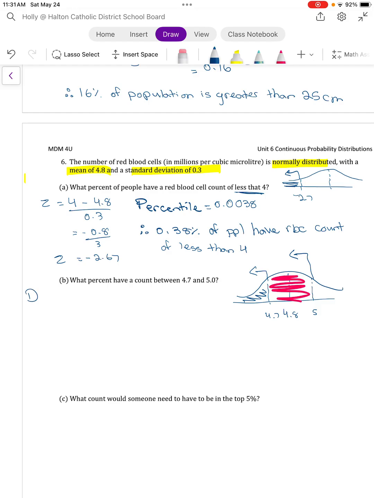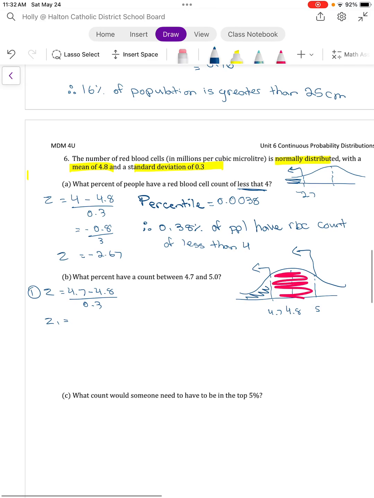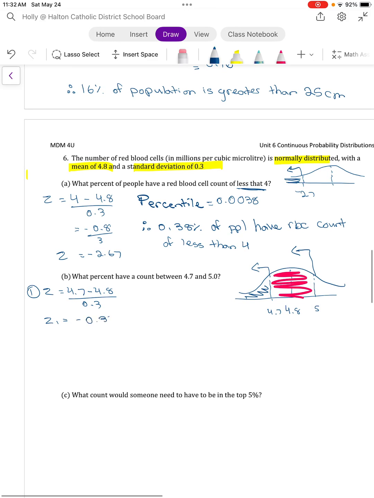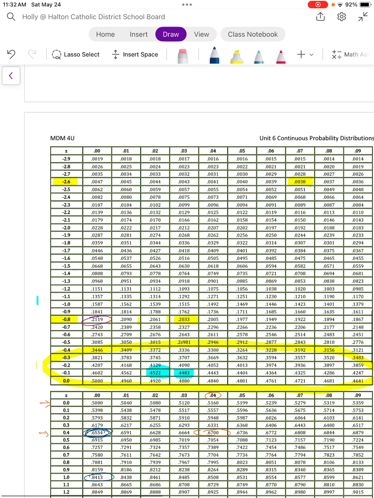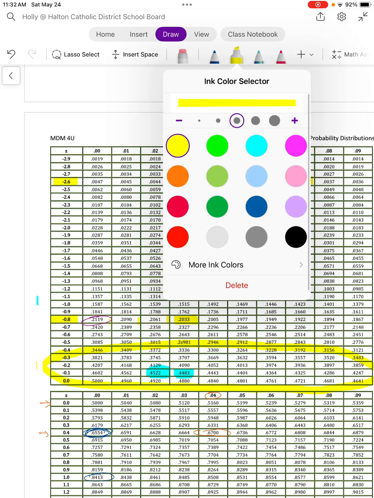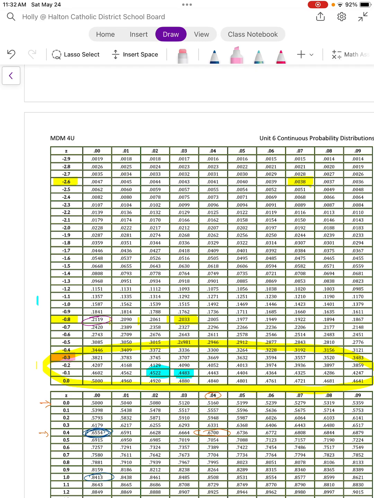So first, let's find out our z-score for 4.7, minus 4.8, divided by our standard deviation. And this gives me a z1, let's say, of negative 0.33. So we're going to find out what the percentile is for that. So negative 0.33. Negative 0.3 is there.